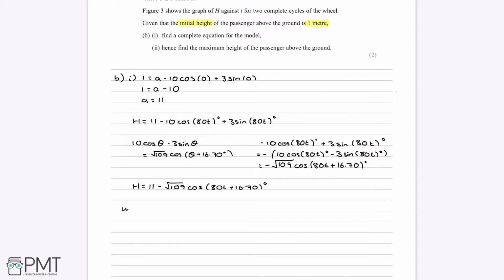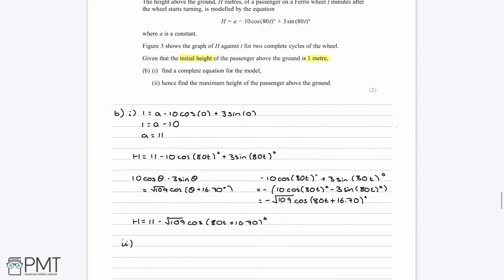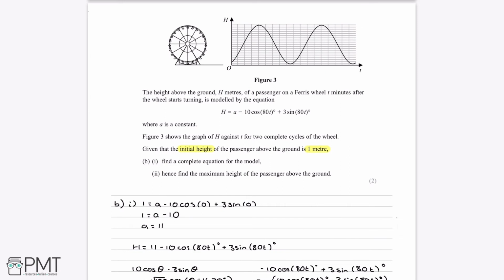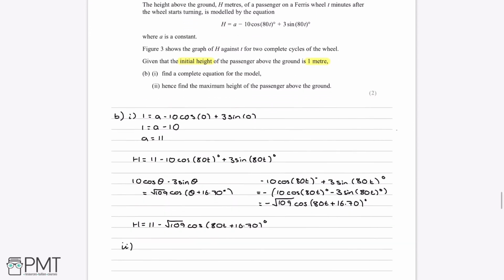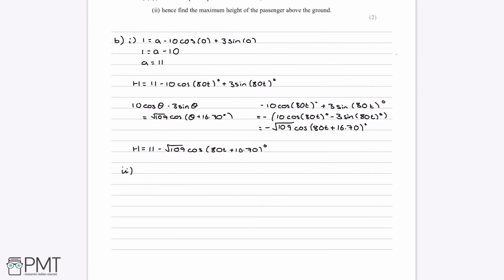So now for part II, we're asked to hence find the maximum height of the passenger above the ground. So if we look back up at this graph, the maximum height must be this point or this point, because these are the highest, the largest values of h that we have on the graph. And the way to find this is going back to our equation in h that we've just found.